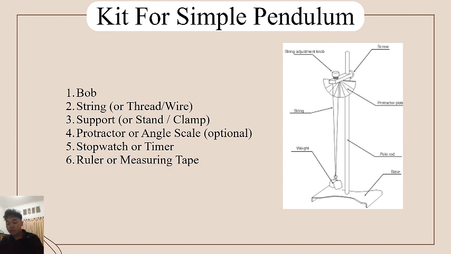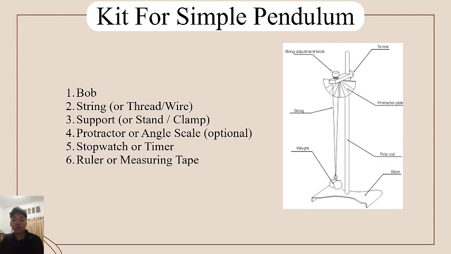Number 2 is the string. Number 3 is the support or stand clamp. This is the fixed point from which the pendulum is suspended. It provides stability and ensures that the pendulum swings freely without slipping.